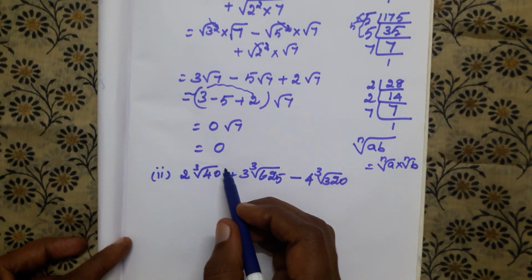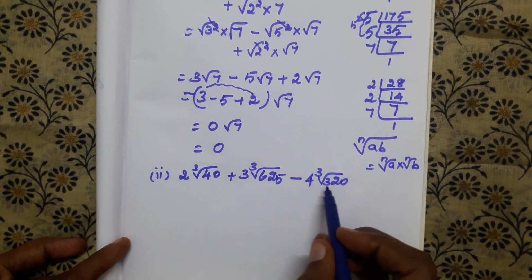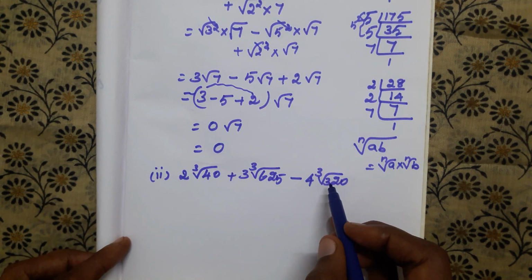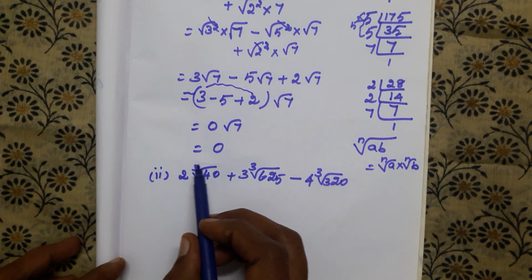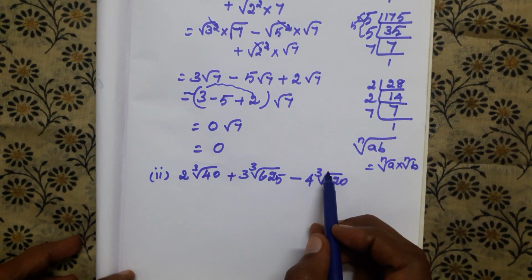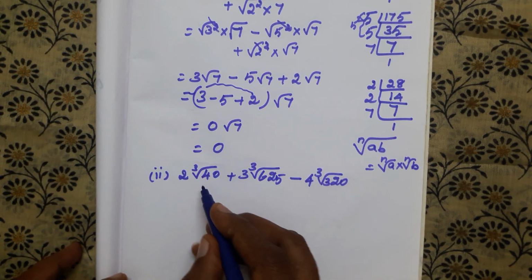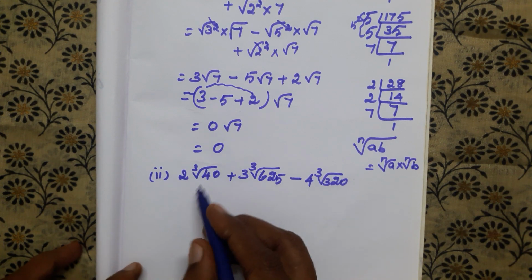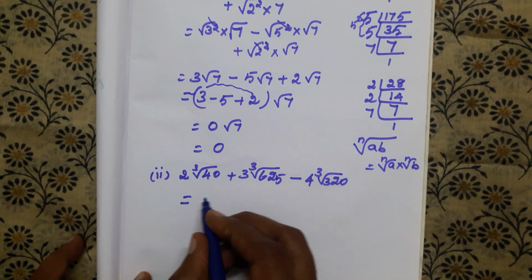Now check this. Everywhere the order is 3, but the radicand is different. We can write this in the simplest form. How can we write it in the simplest form?